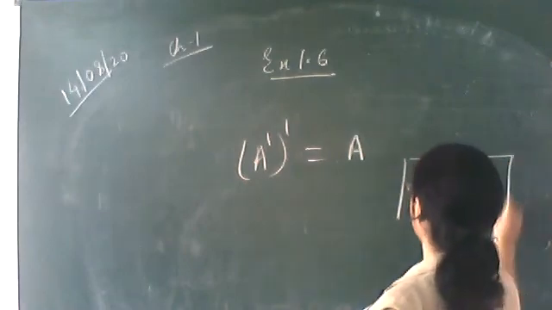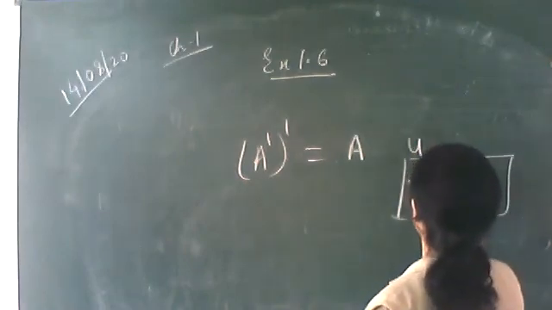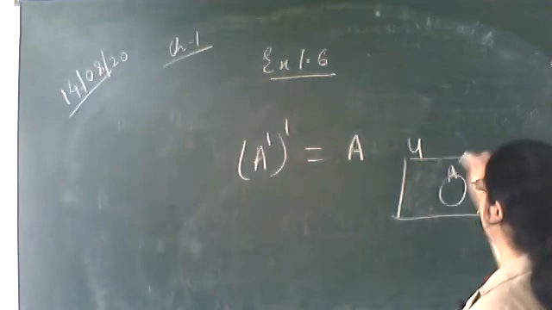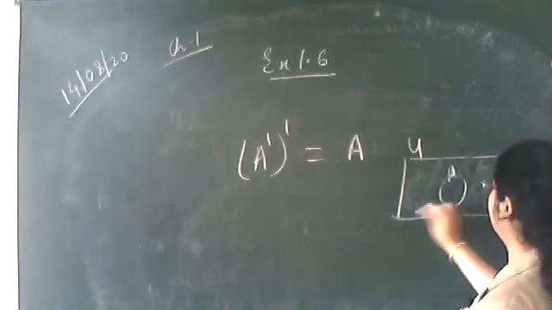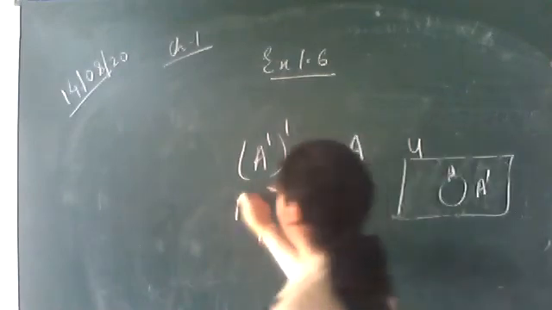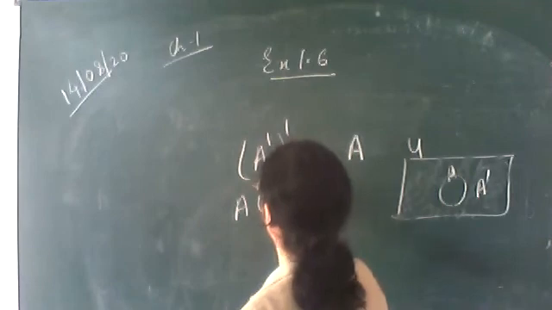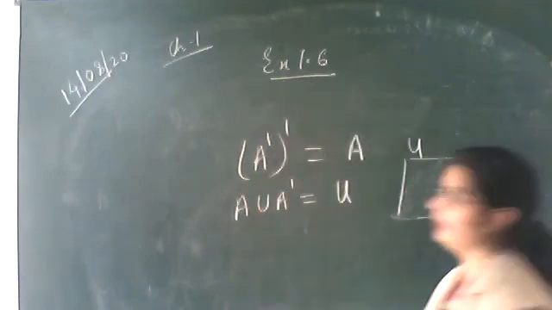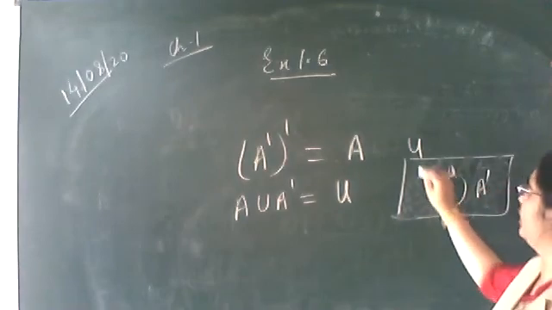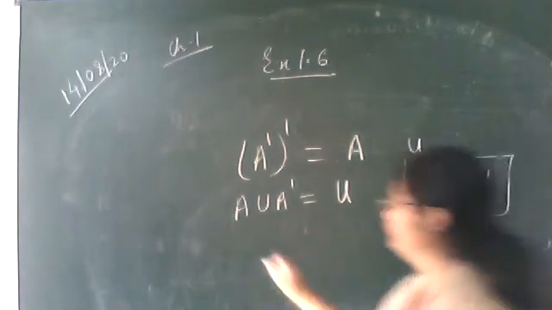Suppose we have a set U, this is A, then A complement will be what? Leaving this A, everything will be A complement. So we can say that A union A complement is equal to the universal set. If you see this Venn diagram, A union A complement is the universal set.